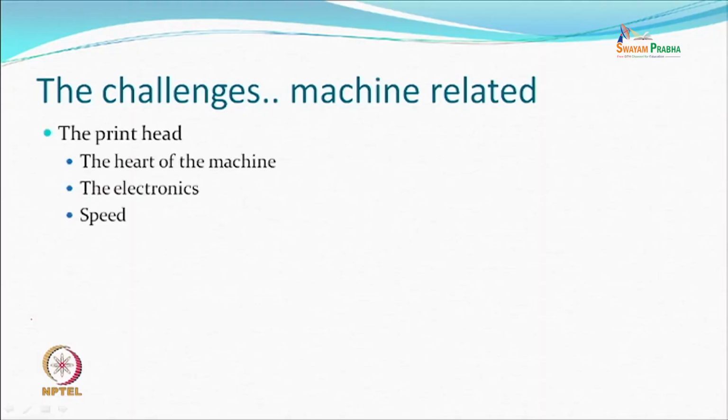So, the challenges still remain. Print head, which is the heart of the machine, must respond to every signal that comes, and the speed of printing also has to be seen, because finally the production also depends on how fast can you print. And so, this is also still a challenge.